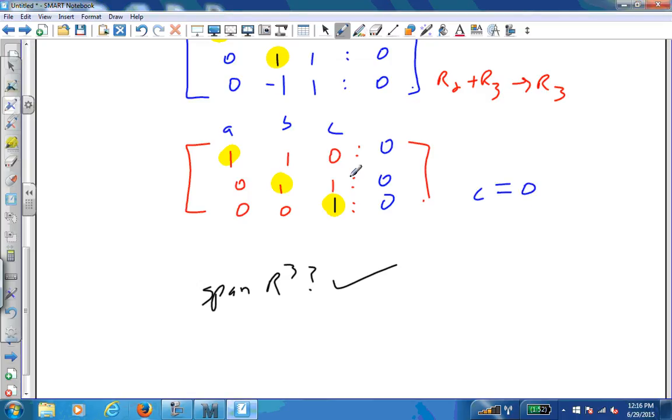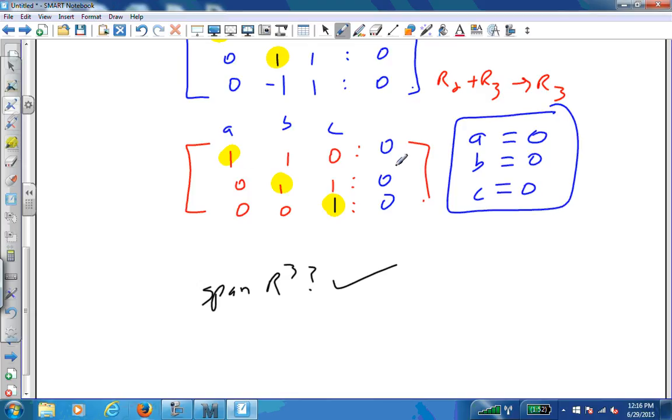This says that B plus 0 equals 0, so B equals 0. This says A plus 0 equals 0, so A equals 0. So the only solution to this is the trivial solution. So are they independent? Yes, they're independent.